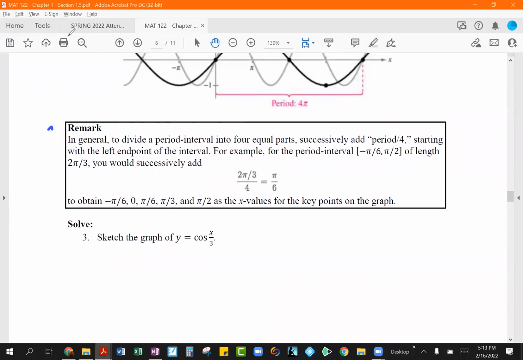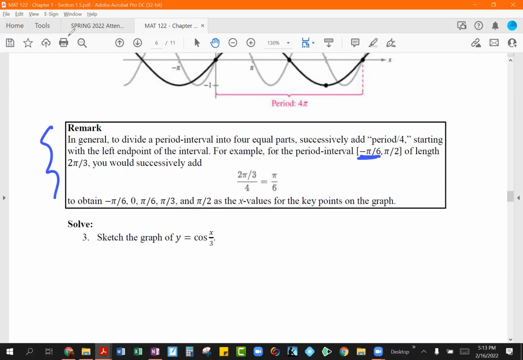And this one here is kind of a neat remark to help you remember, when you're dividing your period into 4 equal parts, it's basically whatever the period of a function is divided by 4. So they're saying you can start with the left end point of the interval.